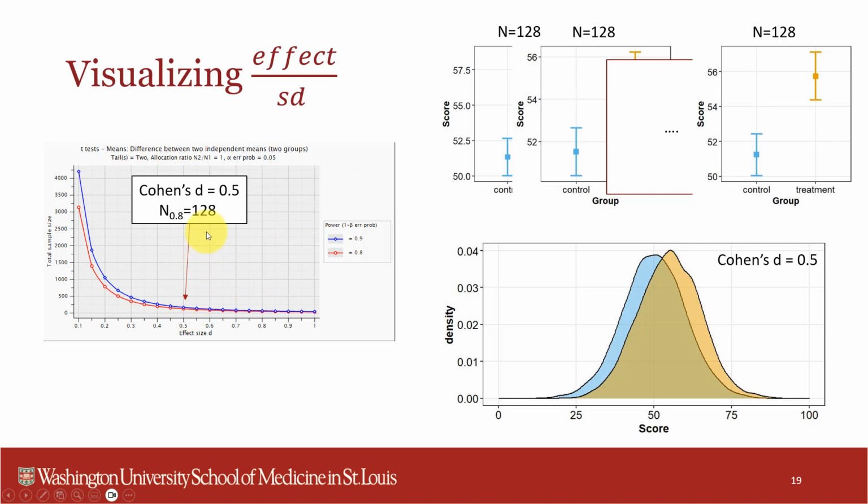Specifically, assuming that the real effect is a Cohen's d of 0.5, I will see statistically significant mean differences 80% of the time, because that's what it means to have 80% statistical power.